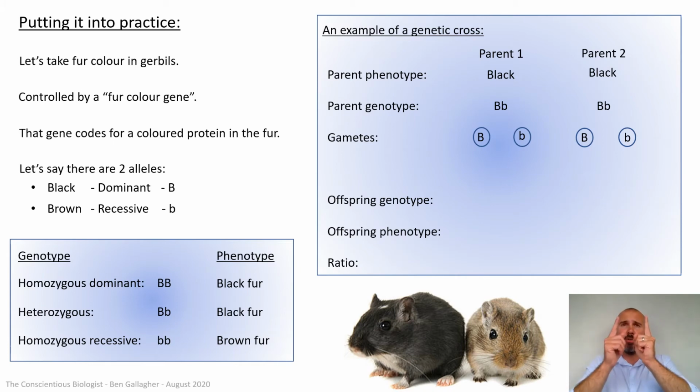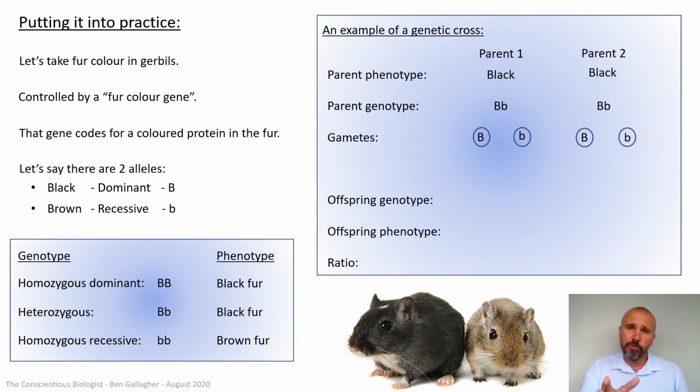It's a big B and a little b. All you've done in the next line is put a gap between them. Drawing a circle around them shows that you've recognized that they've separated from each other at meiosis and now they're individual genes. Remember, gametes only contain half the information, 1 set of DNA, 1 copy of each gene. So please get used to using the circles.